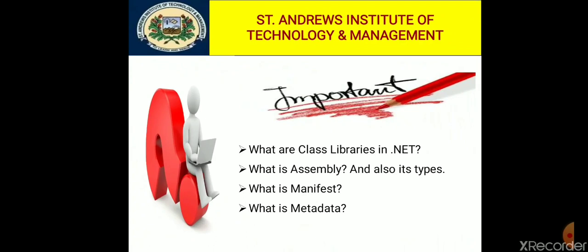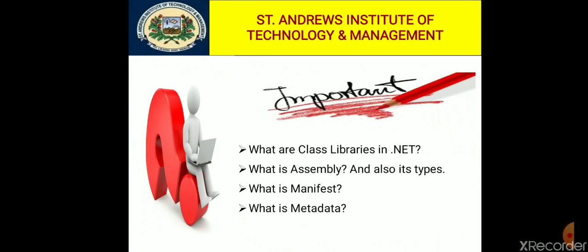Now I am going to explain the format of questions based on today's topic, so that you get an idea of which type of questions come in the university exam. The first question is, what are class libraries in .NET? We have two class libraries, the base class library and the framework class library.